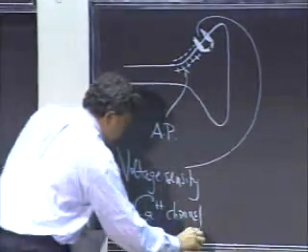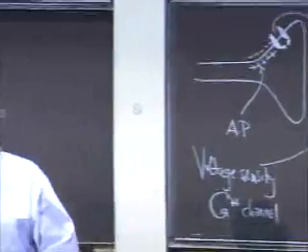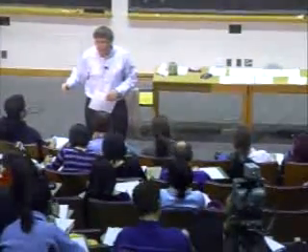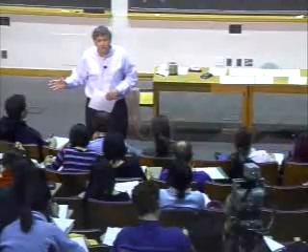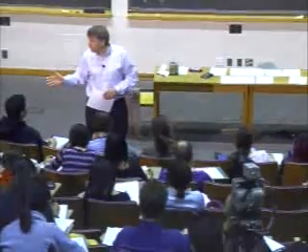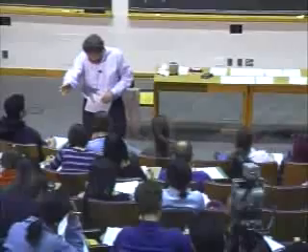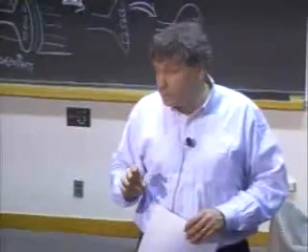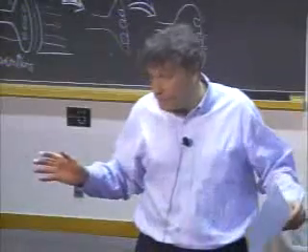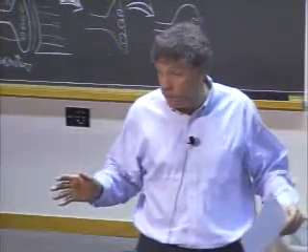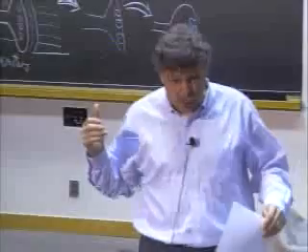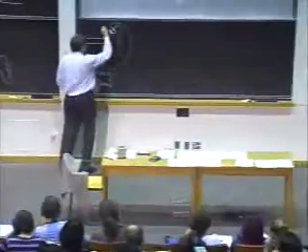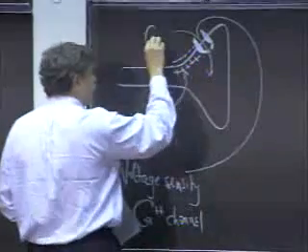Okay? Who would like to design a voltage-sensitive calcium channel? What should it do? What would you like to have its opening and closing properties be? When does it open? At a positive charge. So when you get to a positive membrane potential, it swings open. And then what does it do? Lets calcium move. Which way does calcium want to go? In, because there's more outside. So what's going to happen is, in response to the action potential, calcium will rush in.